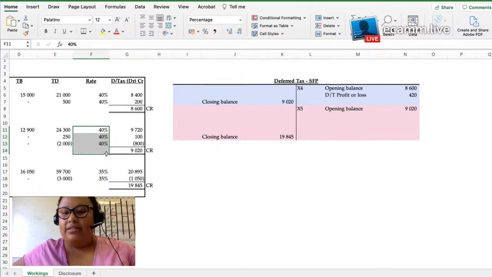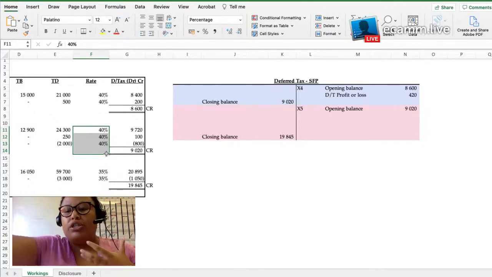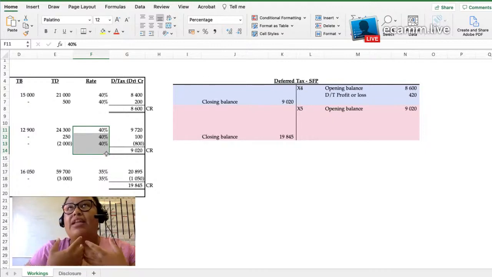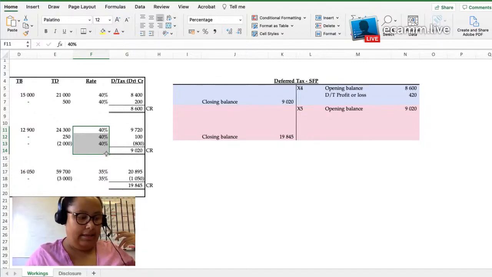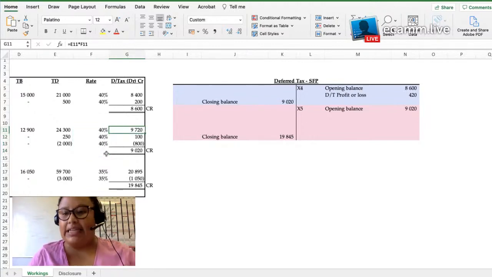But this balance is accounting for future tax consequences. So if now the tax rate has changed, it means in the future we expect to pay this tax at a different tax rate. So we need to adjust that opening balance for the impact of the tax rate. Now it went from 40% down to 35%, so that is going to be a decrease in the balance.